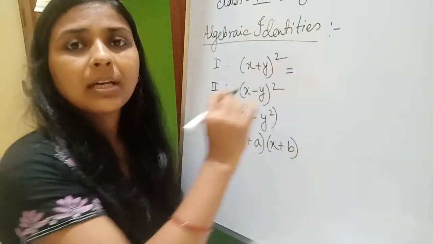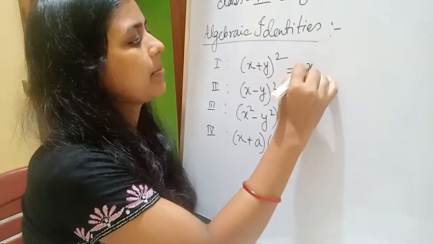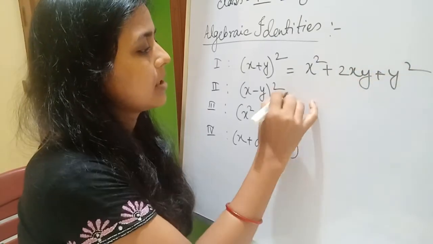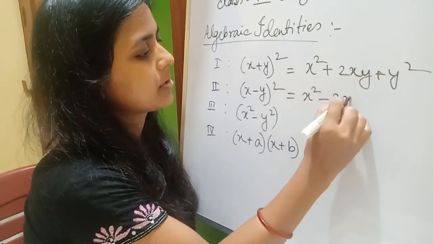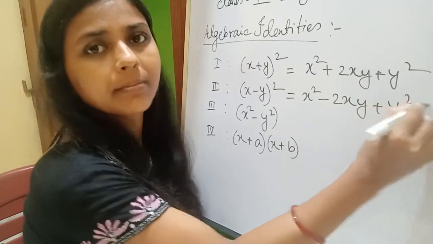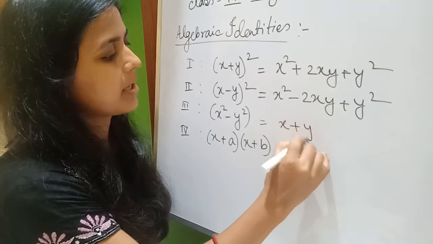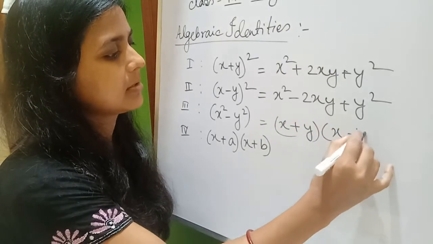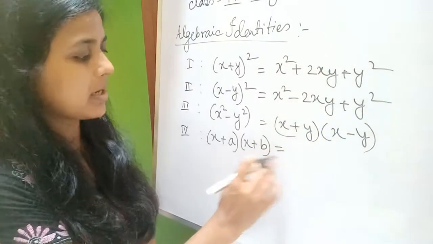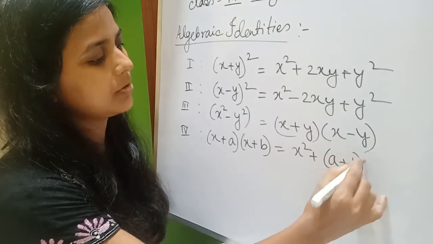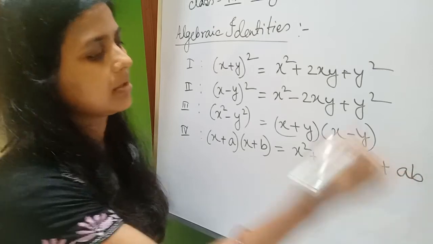Now x plus y whole square, everybody knows, is x square plus 2xy plus y square. This is x square minus 2xy plus y square. And this one is x plus y into x minus y, and this one is x square plus a plus b into x plus ab.